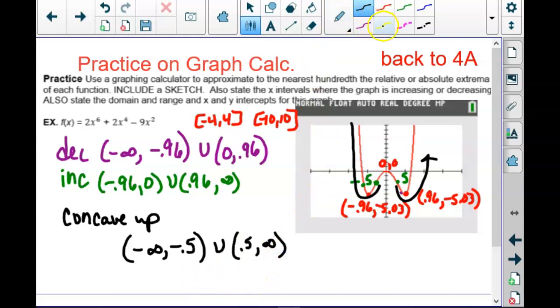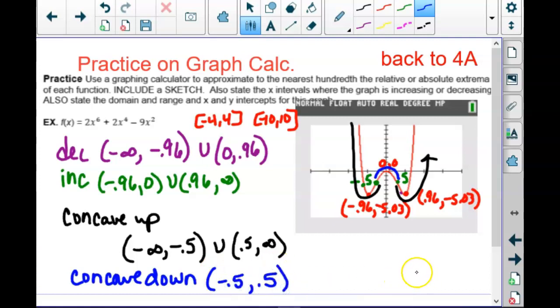And then the piece that was down like a frown is this piece in here that goes from what? Negative 0.5 over to positive 0.5. So again, when you state concavity, you use x intervals.